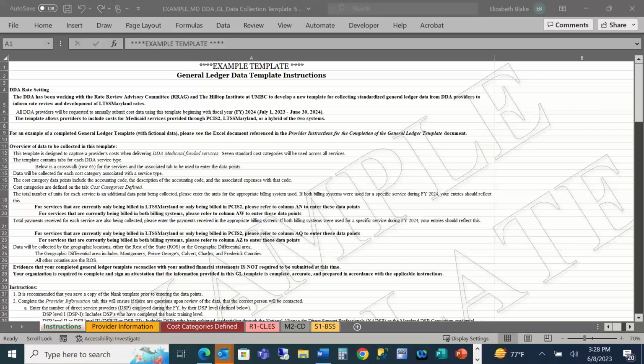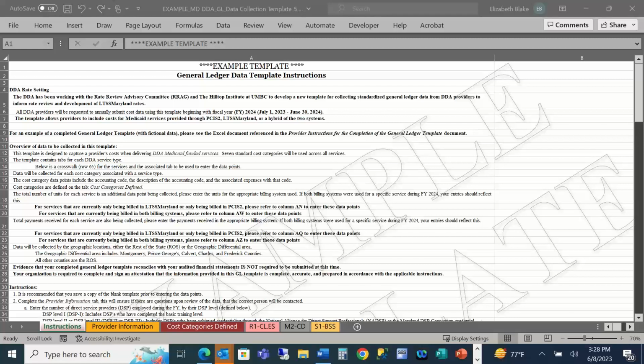We did have conversations internally with other departments to see if we could use this as a replacement for the cost report, and it just wasn't feasible based on the information that's collected in the cost report for providers who are billing in PCIS 2.